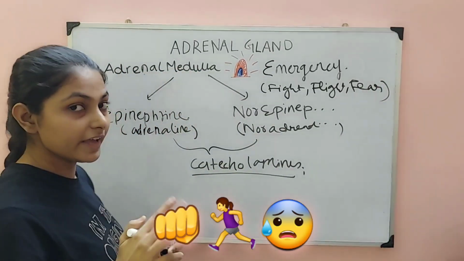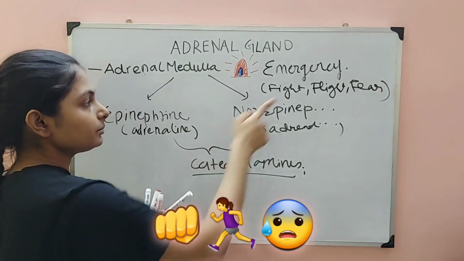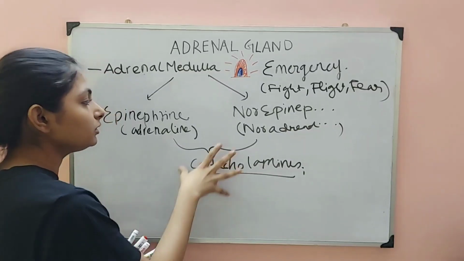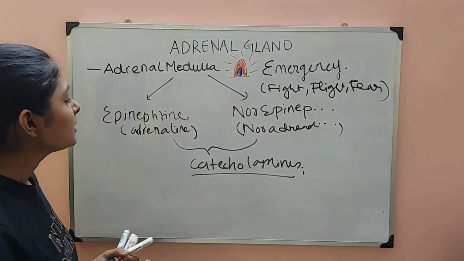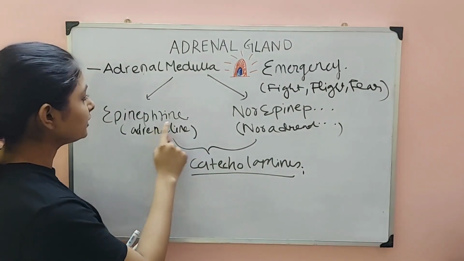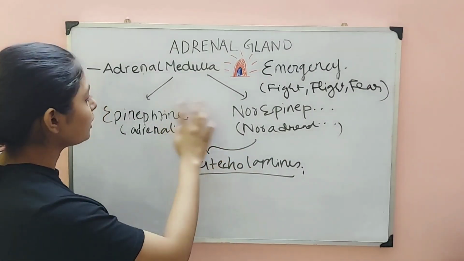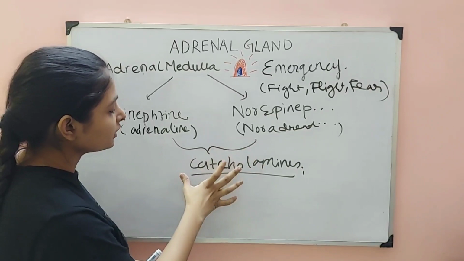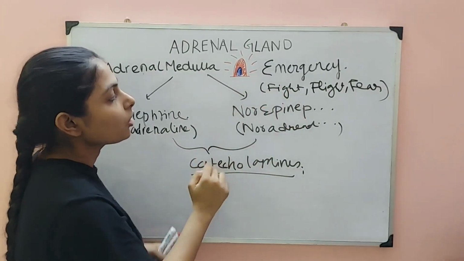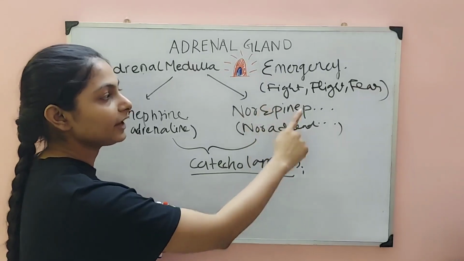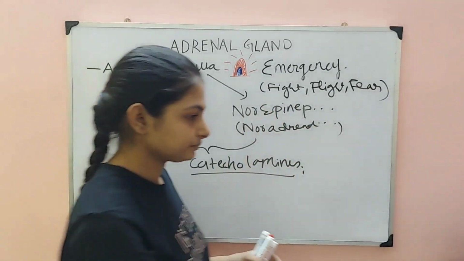Now you know the reason behind these names when I explain you the functions of these hormones. So for the time you remember, these are the emergency hormones or hormones of the fight, flight and fear, that is the 3F.